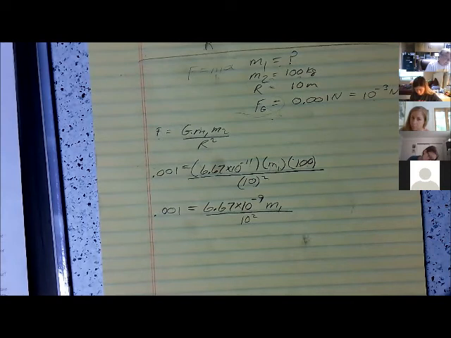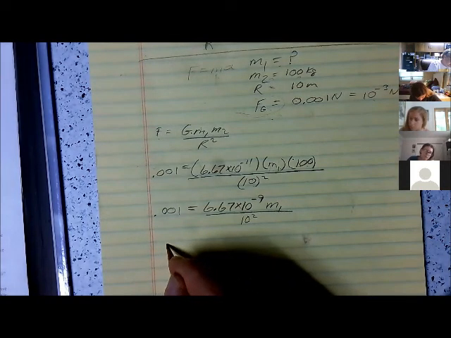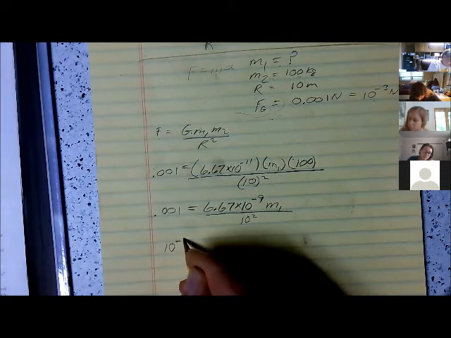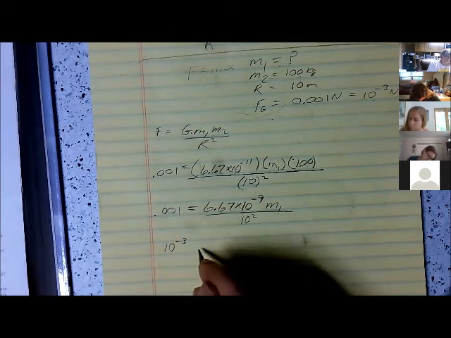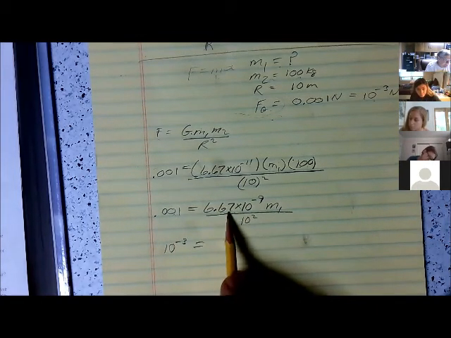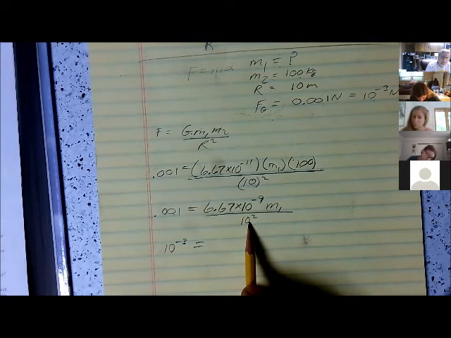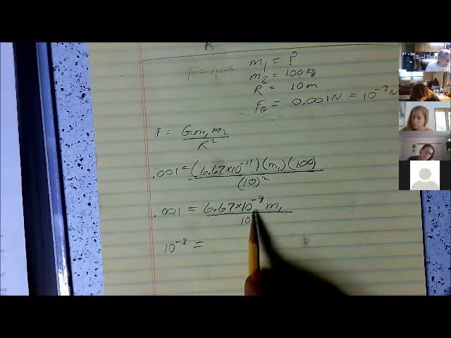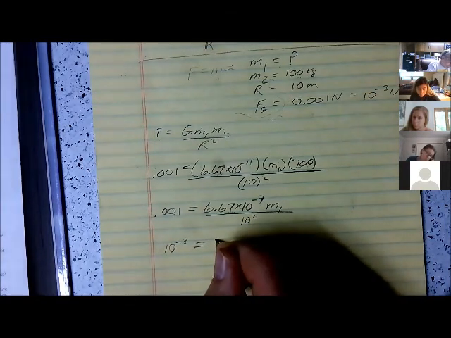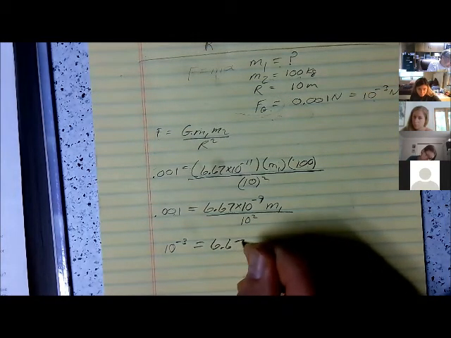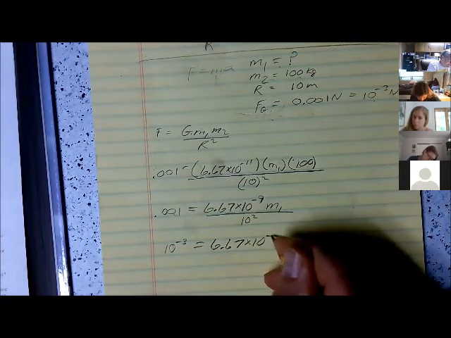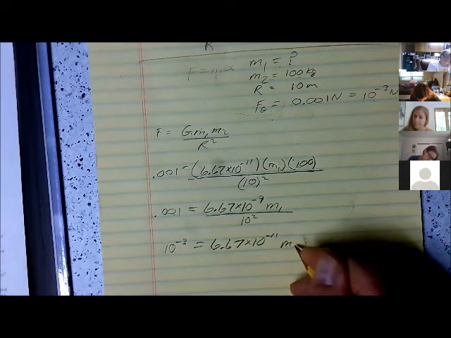I'm going to write 0.001 as 10 to the minus 3. Now this is equal to 6.67 times 10 to the minus 9 divided by 10 squared. Remember, when we divide powers of 10, we subtract the exponents. So I wind up getting 6.67 times 10 to the minus 11th times M1.